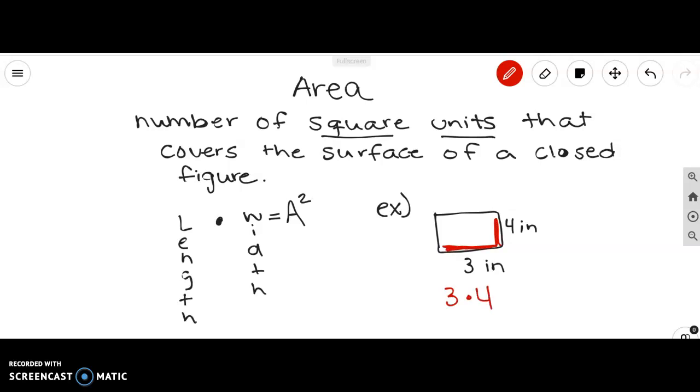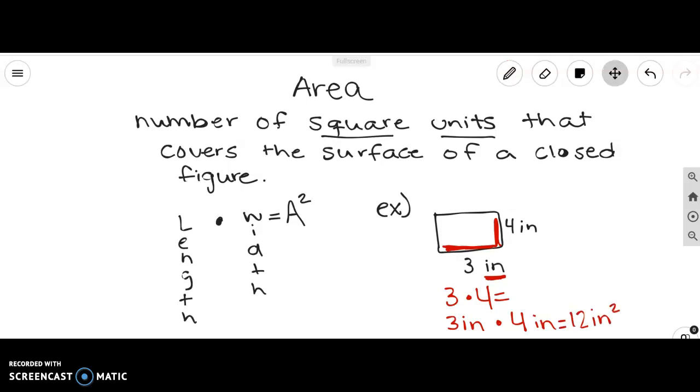So 3 times 4. And in this case, it's not just 3 times 4. We want to make sure we're writing the unit of measurement or the label so that we know what we're talking about. So it's 3 inches times 4 inches. And that would equal 12 inches squared.